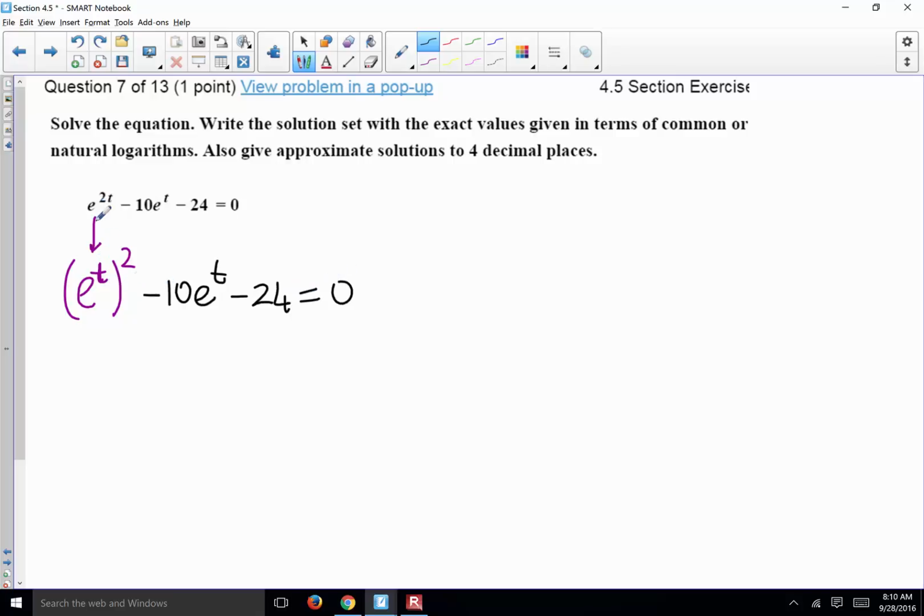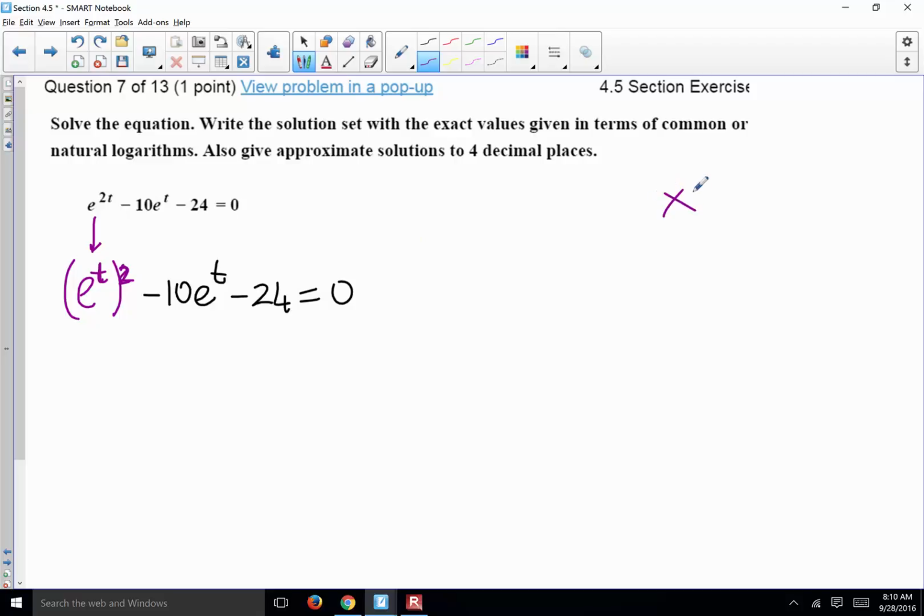Are these two things equal? Is e to the 2t the same as e to the t to the second power? Some people think this is t squared, but when you look at them, they're actually next to each other. It's 2t. They are equal.